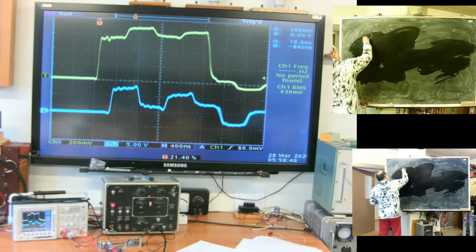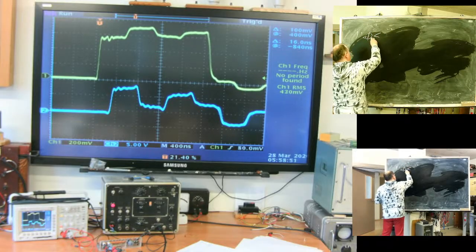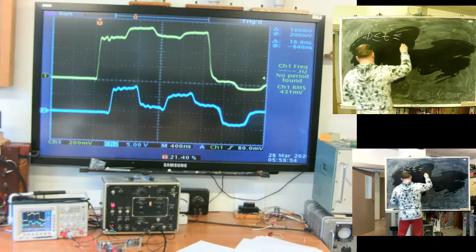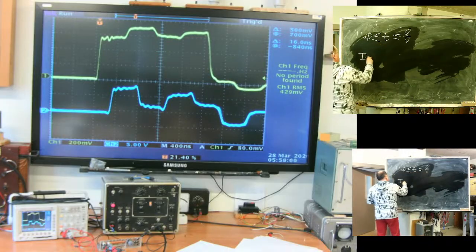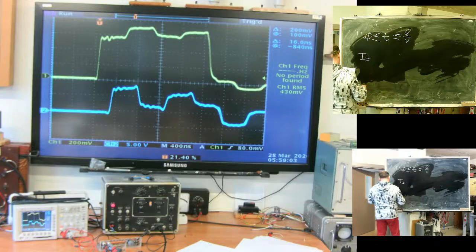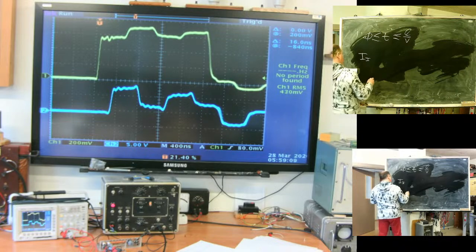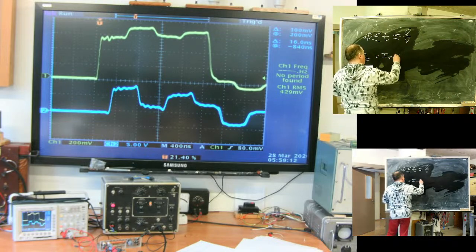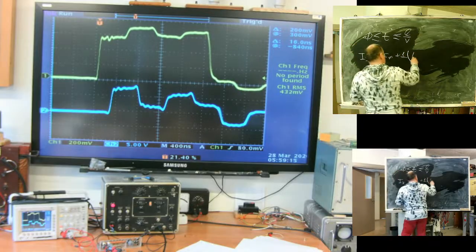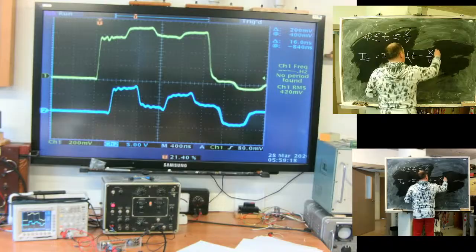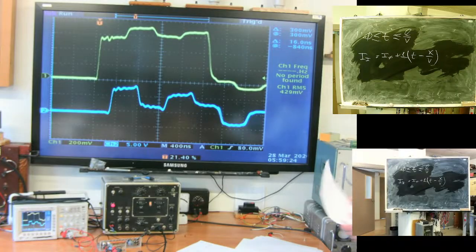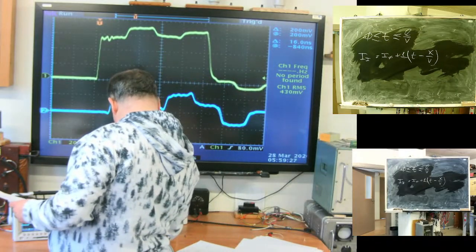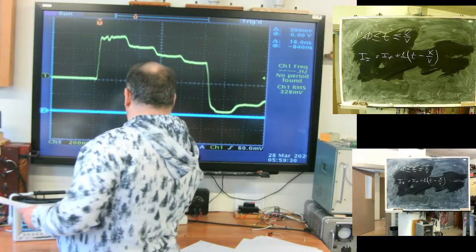So, for the first stage, the current will be something like 0 plus switch-on function of T minus x divided by V. The direct wave will go forward.